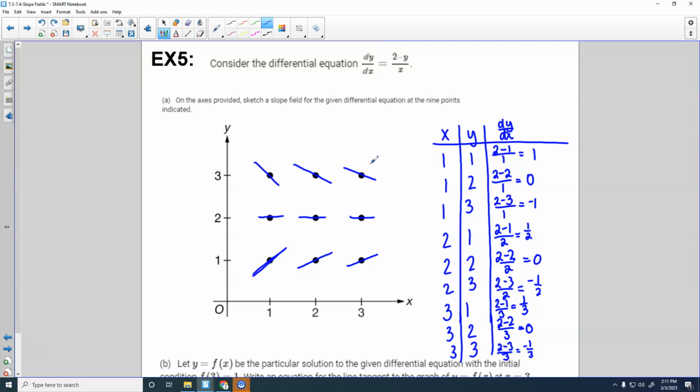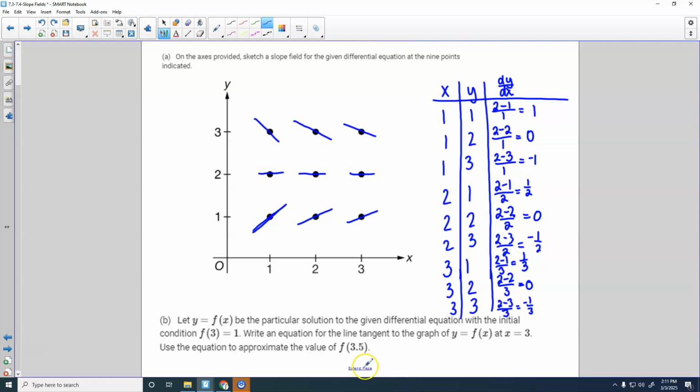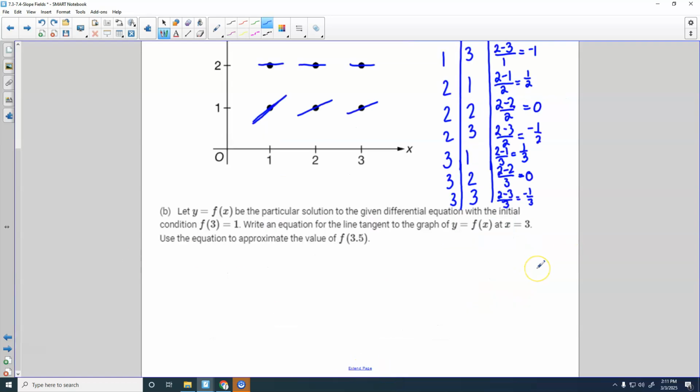Okay, questions there? All right, so then the second part is still a part that they would certainly give you. It says, let f be the particular solution to the given differential equation with the initial condition f of 3 equals 1.